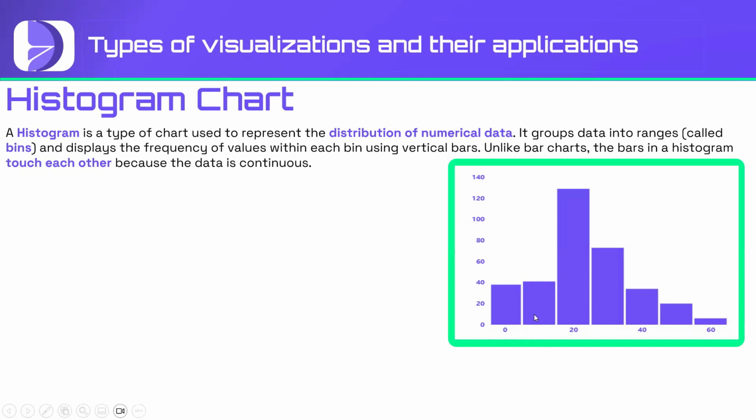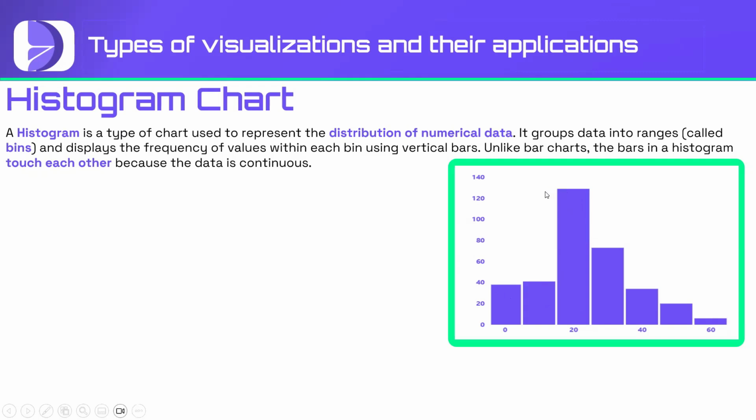You can see how many data points this particular group or interval has, almost 40. This group has the highest.